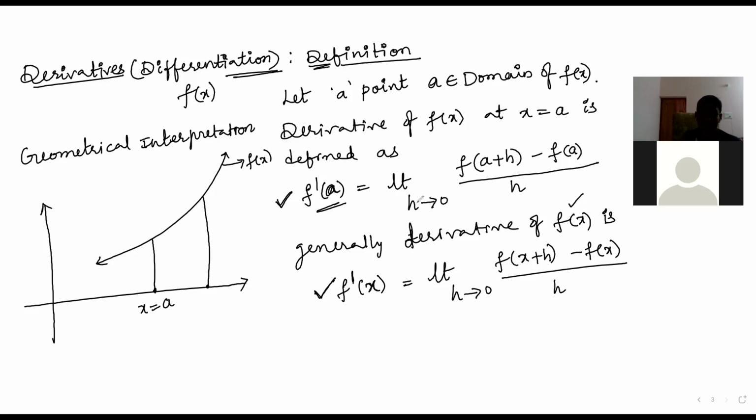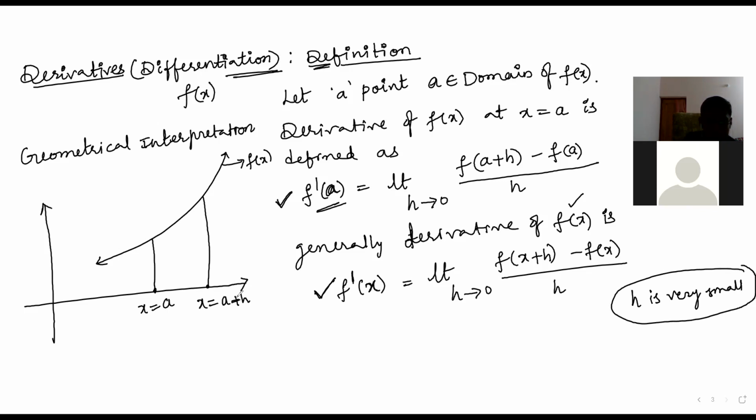Here h is very small, very, very small actually. Here x equals a plus h. That means this is width h, yes or no? This point becomes what? If this much is a, this becomes f of a, because you put a here, then this is f of a.